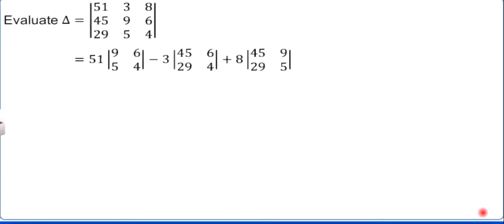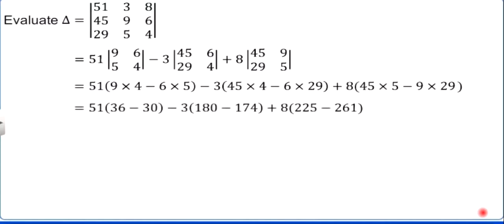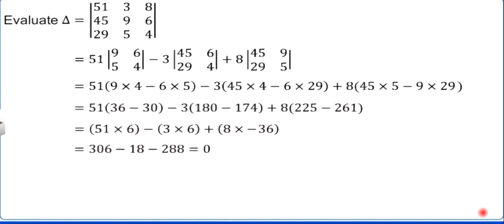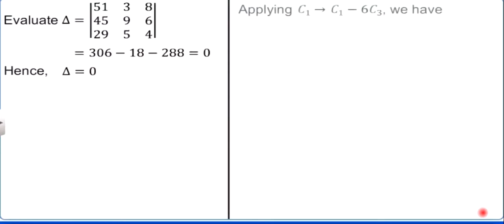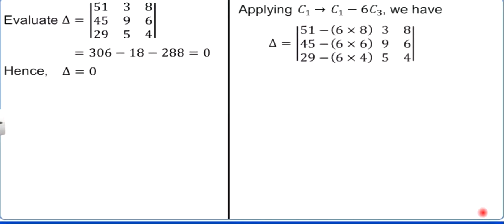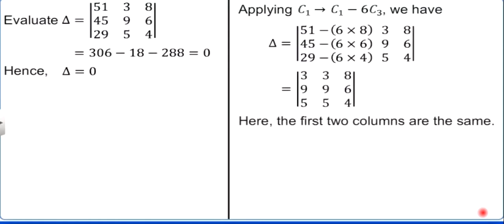Let us consider an example now. Without using property 6, the value of delta on evaluating comes to 0. Let us now apply property 6 to this determinant and verify that in both the cases, the result is the same. Applying column operation C1 goes to C1 minus 6 times C3, we get the determinant with its first two columns having the same entries.